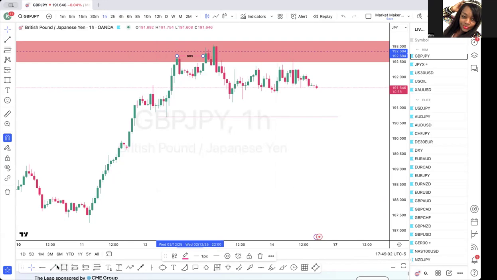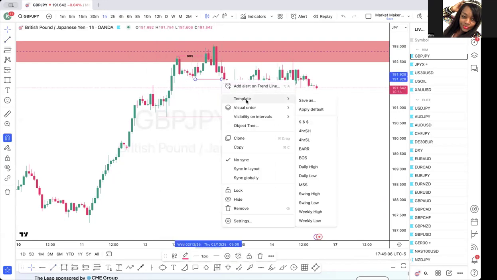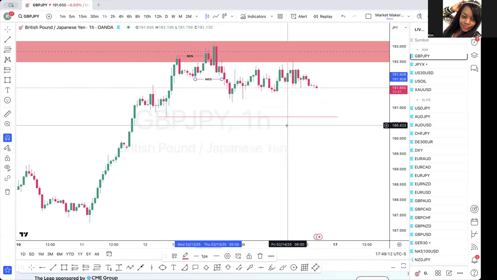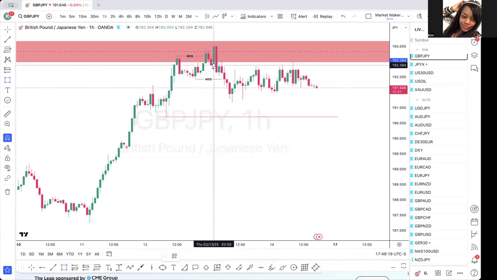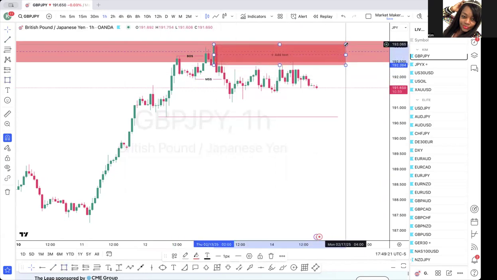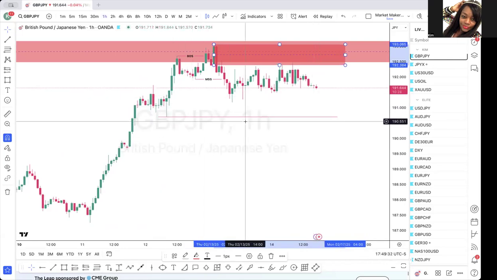And then we immediately had a shift in structure, which is the market structure shift.